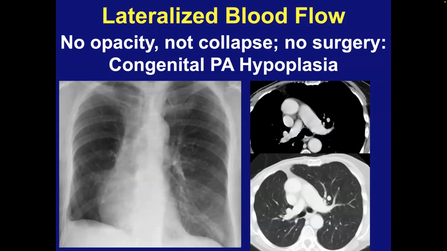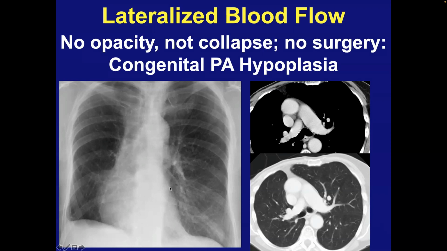And the end result is asymmetric blood flow, a small hilar vessel, and an overall small lung with resultant ipsilateral mediastinal shift. So radiographically, the appearance is very similar to lobar collapse, except, and this is an important exception, there's no opacity that corresponds to a collapsed lobe.